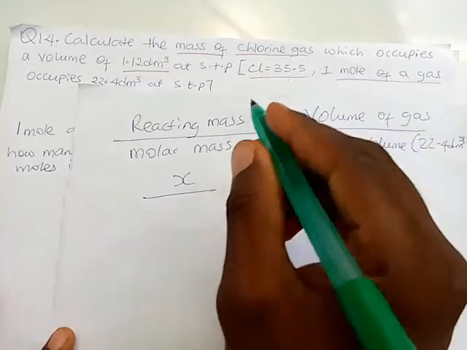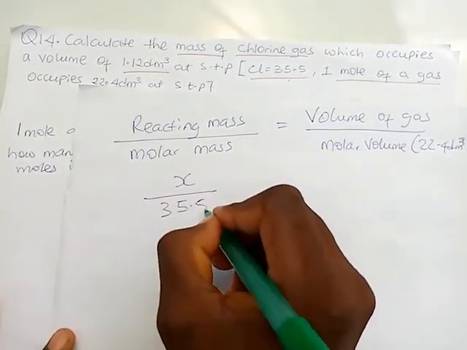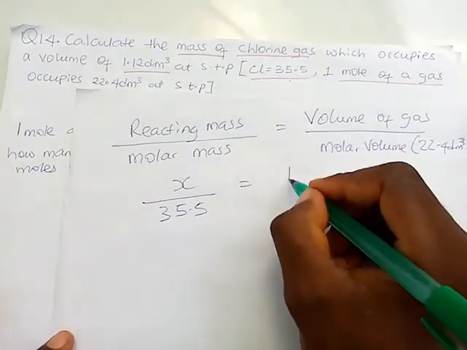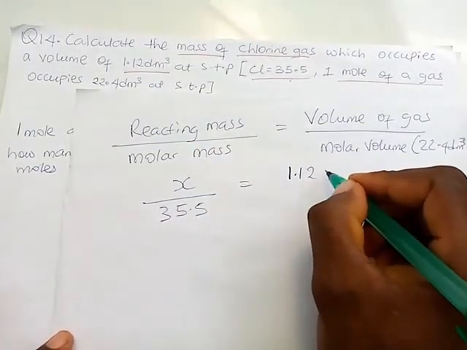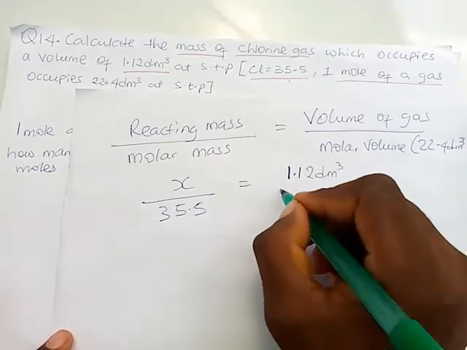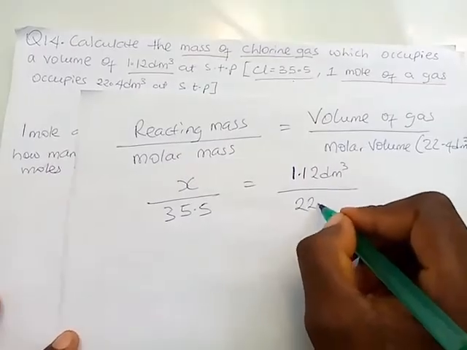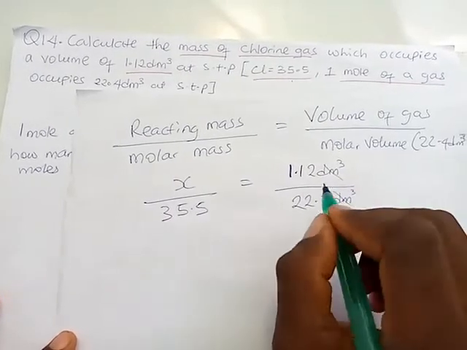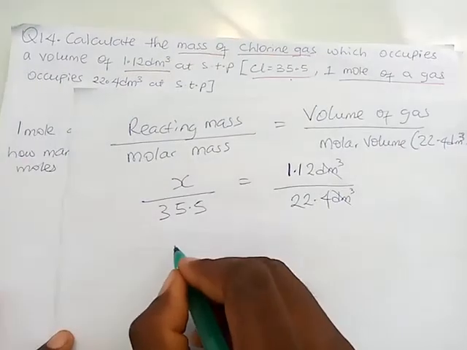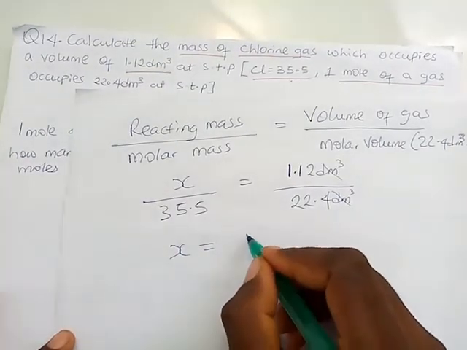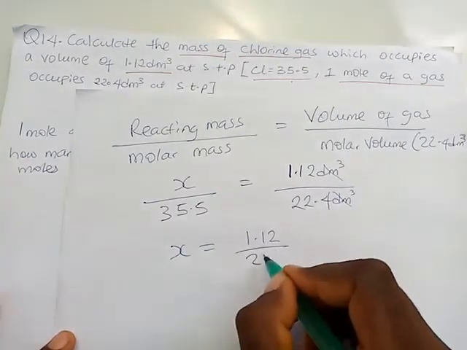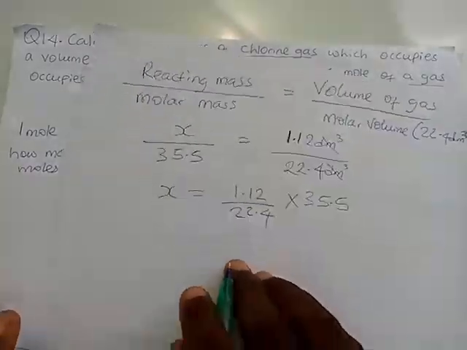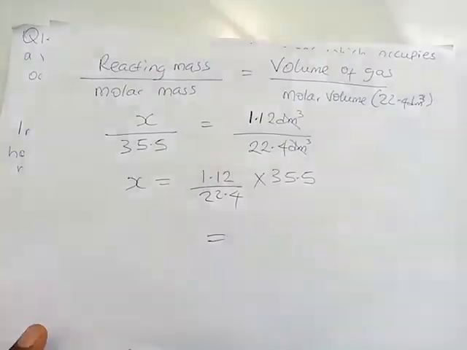The molar mass has been given, 35.5. It's equal to volume of gas, which has been given as 1.12, and that is why we didn't convert, because it is already in dm cube. The molar volume is 22.4. So we'll have that x is equal to, that will give us this.